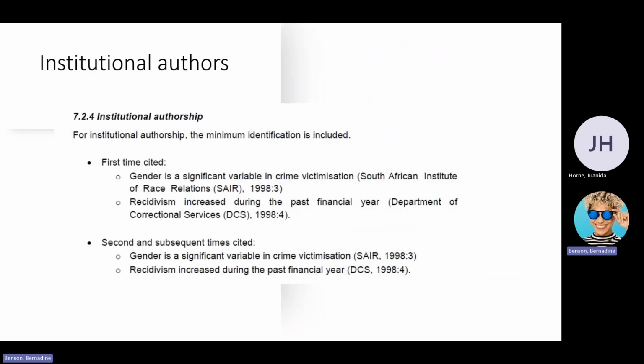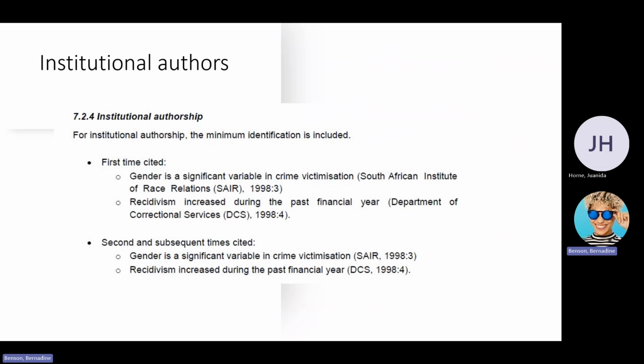Now, sometimes there is no author because the author is an institution, in inverted commas. And then students would argue and say, let's say, the Department of Correctional Services has argued that, or the South African Police Service has argued that.